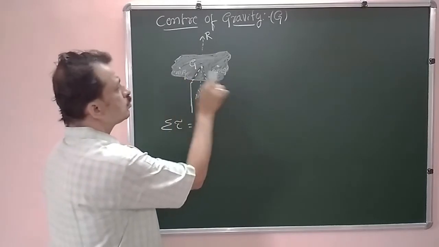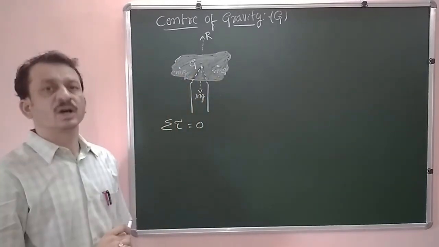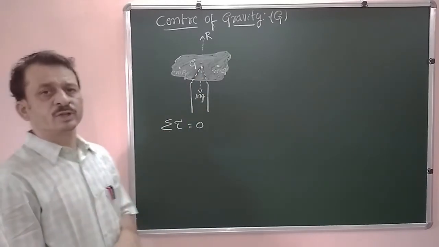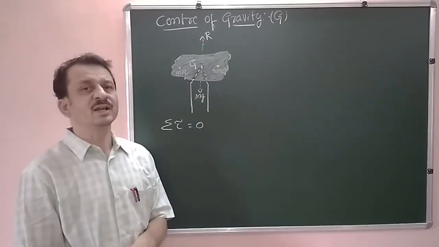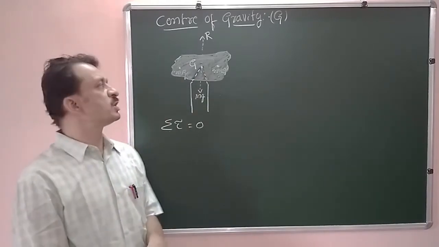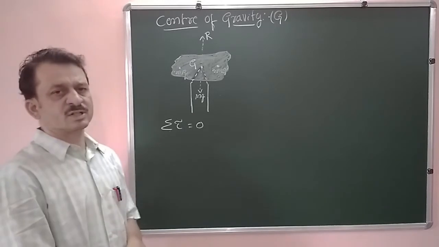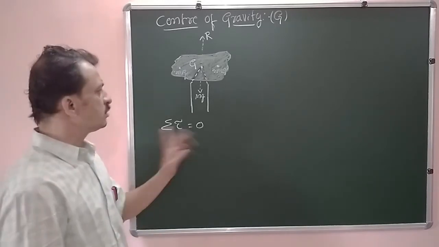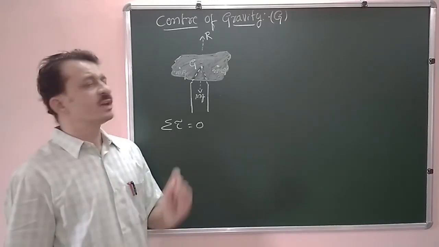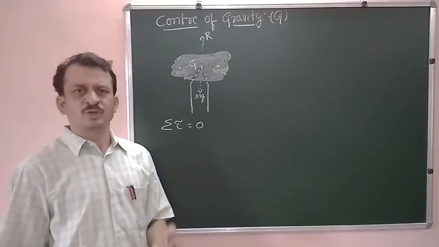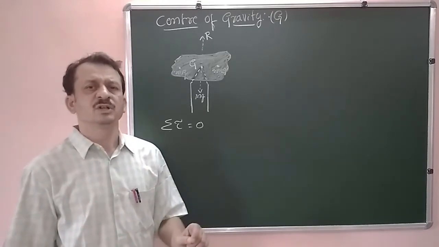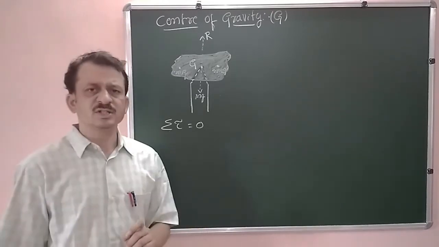If these two moments of force are equal, then the cardboard is in mechanical equilibrium, and hence the sum of the torque taken at the point G is equal to 0. So therefore, the center of gravity is a point on an object or a rigid body at which the gravitational torque is 0.